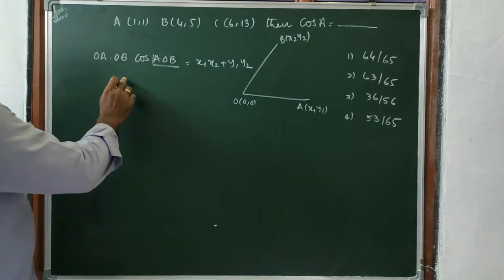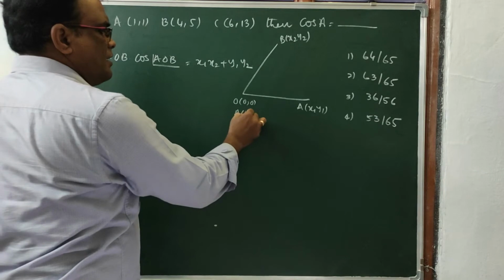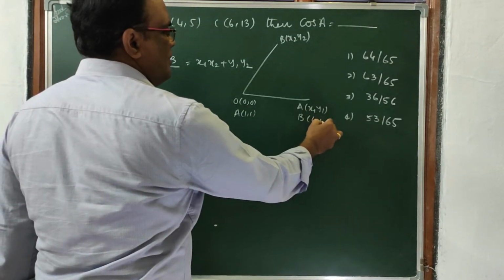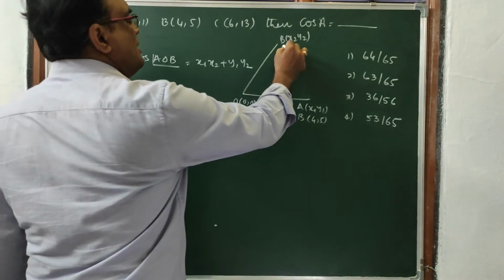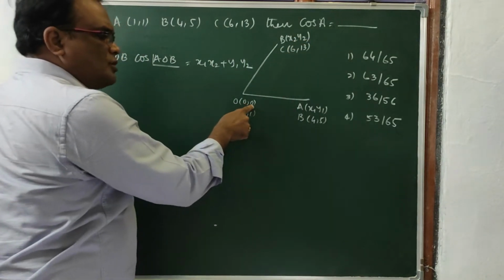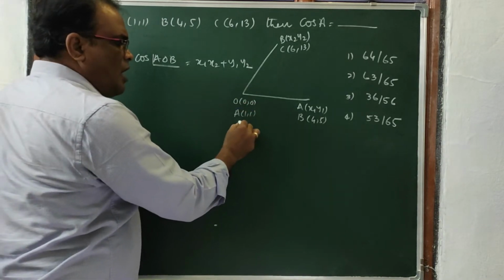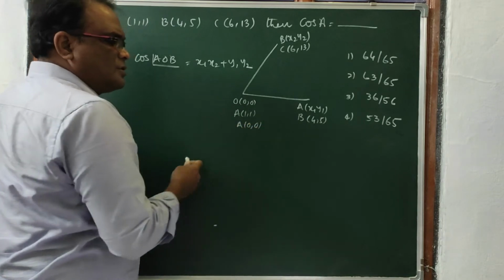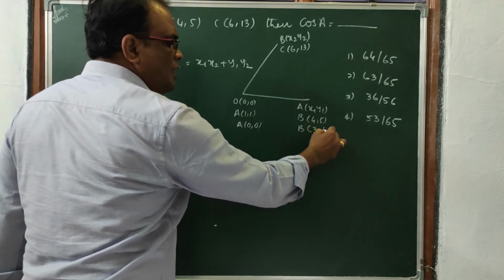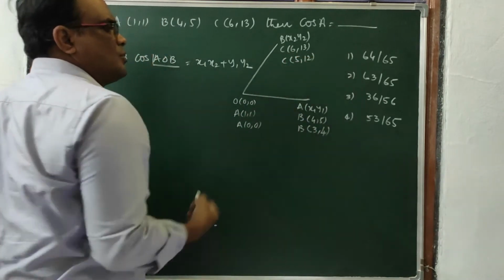First we write A(1, 1) here, B(4, 5), and C(6, 13). But here (0, 0) is needed and we have (1, 1), so subtract (1, 1) from each; A automatically becomes (0, 0), B becomes (3, 4), and C becomes (5, 12).